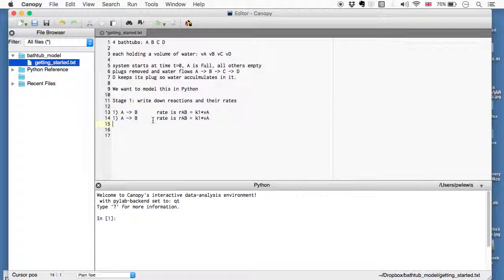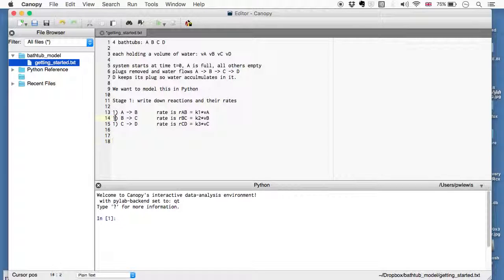Then we've got the similar reactions, B to C, C to D, and we're going to assume that our bathtubs might have different size plug holes, so the rate at which it flows out might be different, so we'll have K2 times the volume of B, K3 times the volume of C. So we've written out our reactions and the rates of those reactions.